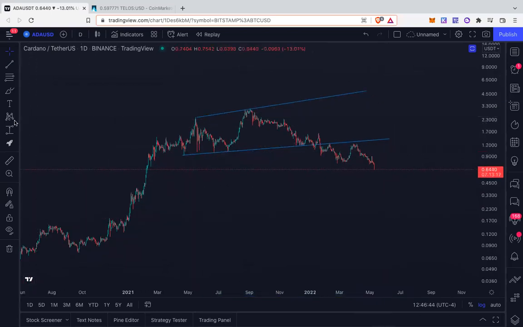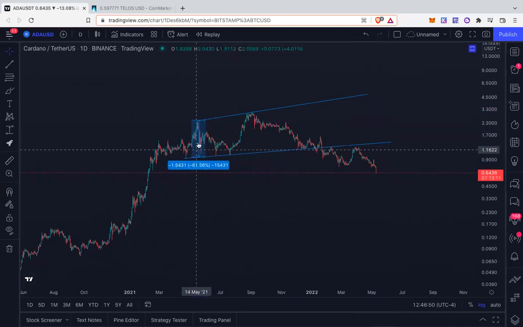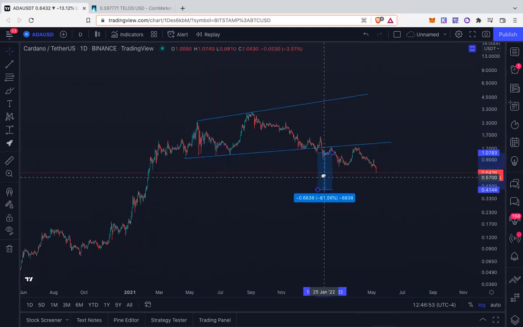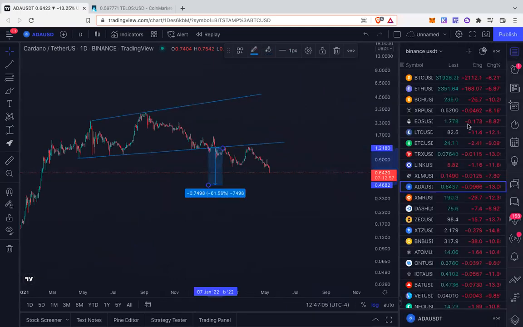You broke it. You're getting close to your measure move. I believe it was a 60% drop. Actually, no, 46 cents to the target. And let me see other coins.